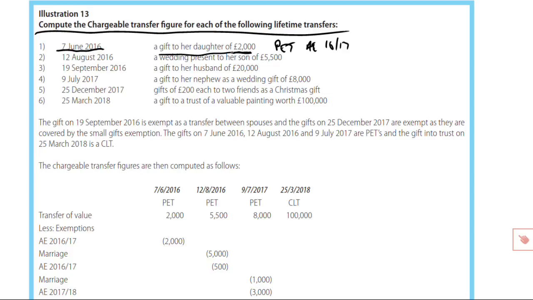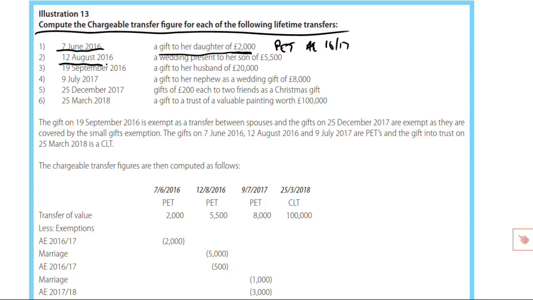It's only a £2,000 gift. Had it been 20,000, we would have used all of the annual exemption of 16-17, followed by the preceding tax year 15-16. But it's only 2,000. So we've used up 2 out of the 3,000 available.